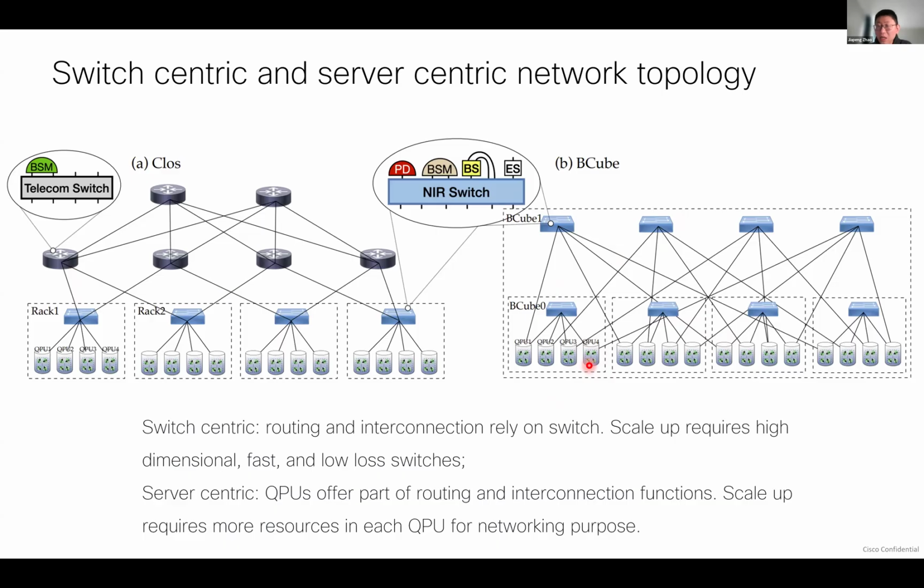And also in this case, each QPU has to allocate some memory qubits for the entire network. The good thing for this topology is that it does not rely on high-dimensional, fast and low-loss switches, so that even with the current state-of-the-art switches, it's still possible to build a large-scale network.